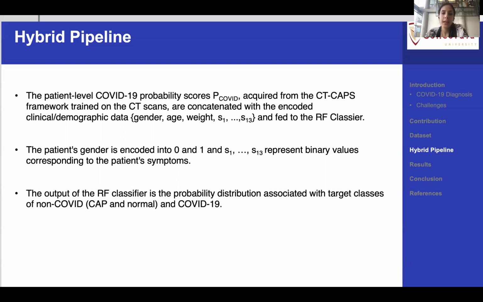For example, in the case of gender, 1 represents male and 0 represents female. And if S1 represents cough and it gets the value of 1, it means that the patient shows the symptom of cough. The output of the final RF classifier is the probability of COVID-19 or the patient being diagnosed with diseases other than COVID.